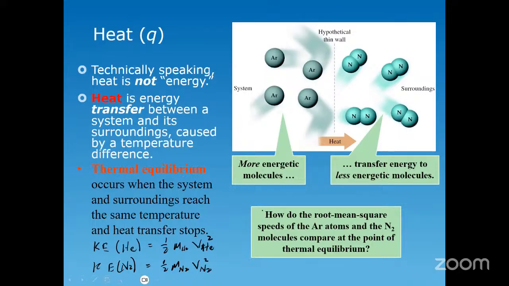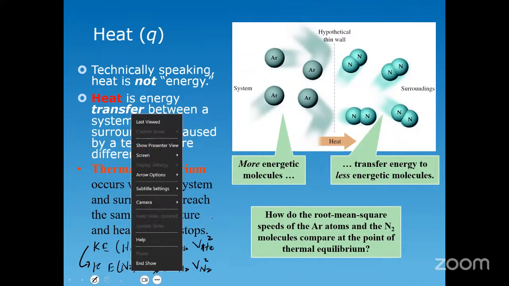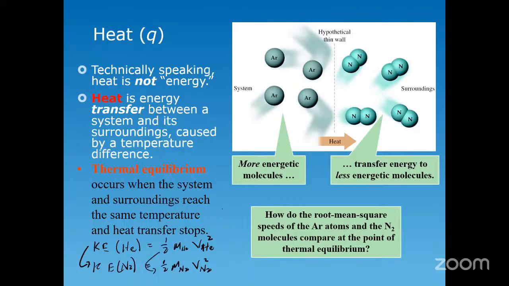So at thermal equilibrium, these two terms will be equal to each other, right? Which means that these two expressions will be equal to each other. So since these two are equal, we can cancel out the half here and here. So you're going to end up with M_He times V_He squared is equal to M_N2 times V_N2 squared.